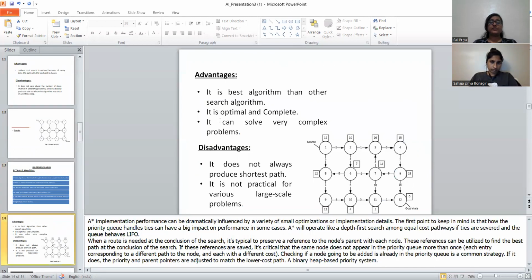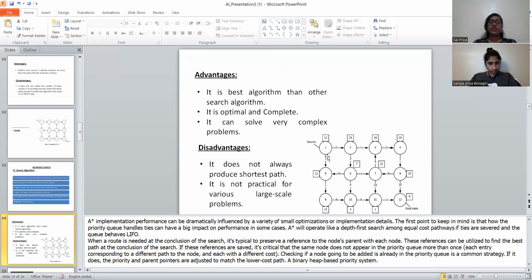And coming to the advantages and disadvantages of the A star search algorithm, this algorithm is the best compared to BFS and DFS, but complexity-wise it is very problematic. Coming to the disadvantages, it is bad for large scale problems, because it calculates h of x also.